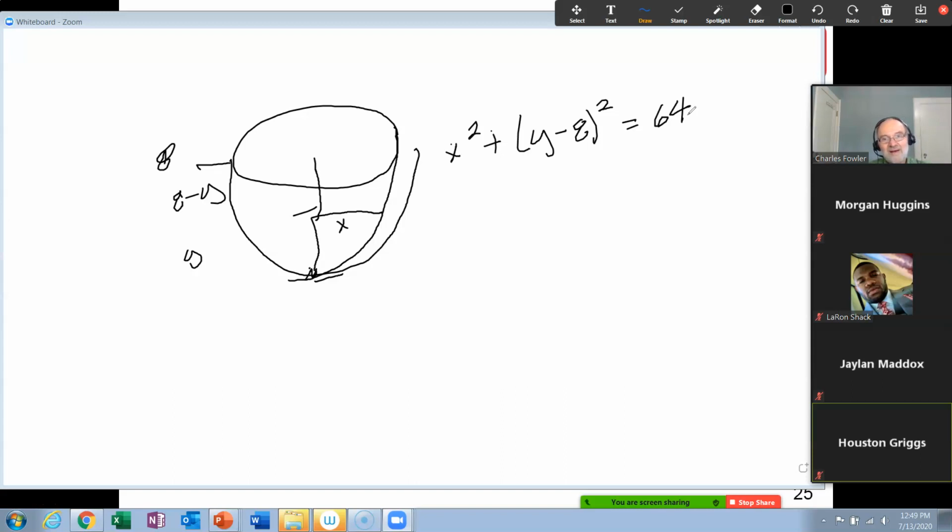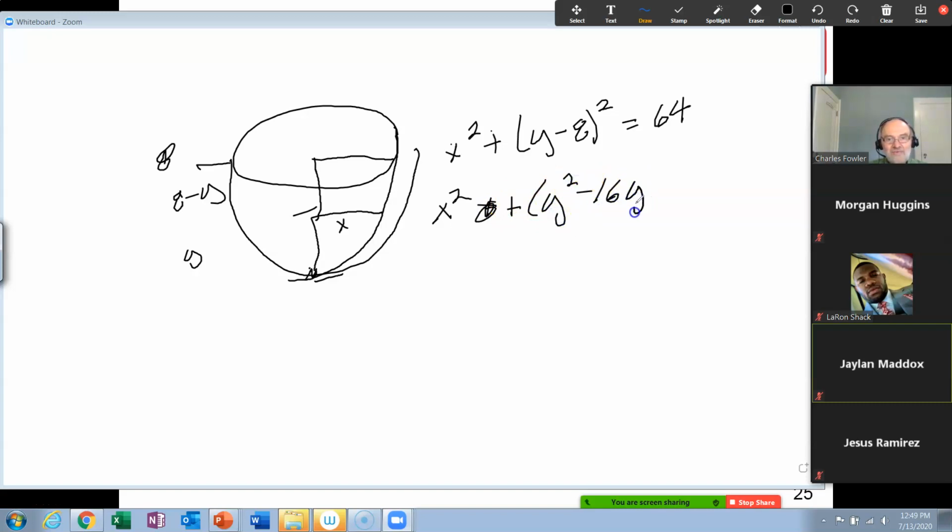And they're talking about it when you're up here at this point. But I'm just going to work this out for you. So it'll be x squared plus y squared minus 16y, this is just completing the square, plus 64.